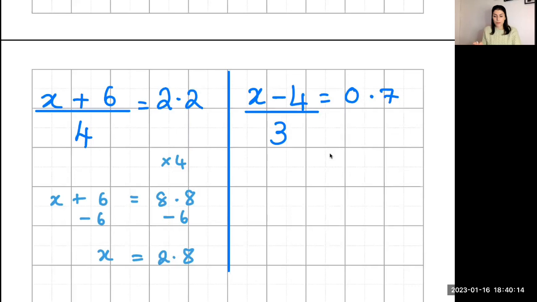Because the divide by 4 times by 4, that cancels out, okay? Because they're opposites of each other. Can you see that? That's why we're always writing what we're doing underneath, because it's the opposite and it cancels out. Is that clear?